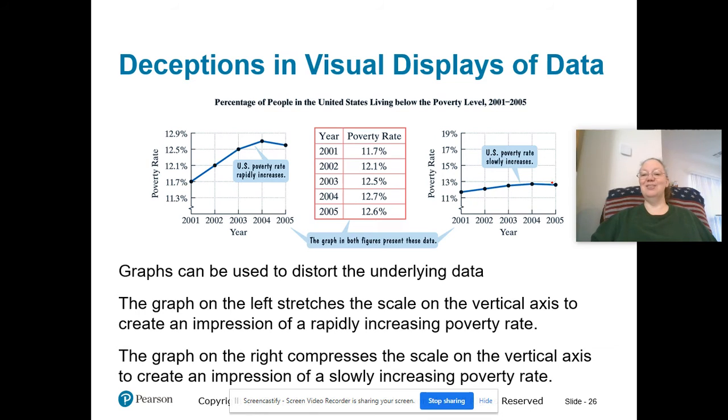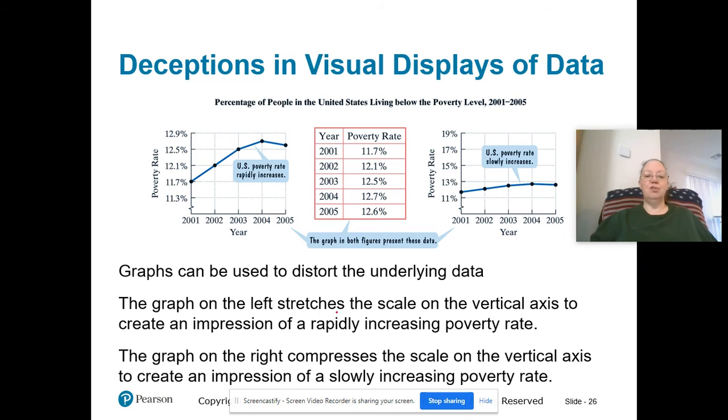And this looks like there's hardly any increase in the poverty rate, whereas this one looks like a huge increase, and it's the same exact information. So graphs can be used to distort the data, even if they are actually using legitimate data. This graph over here makes it look like there's a huge increase, and this one makes it look like there's not an increase at all.